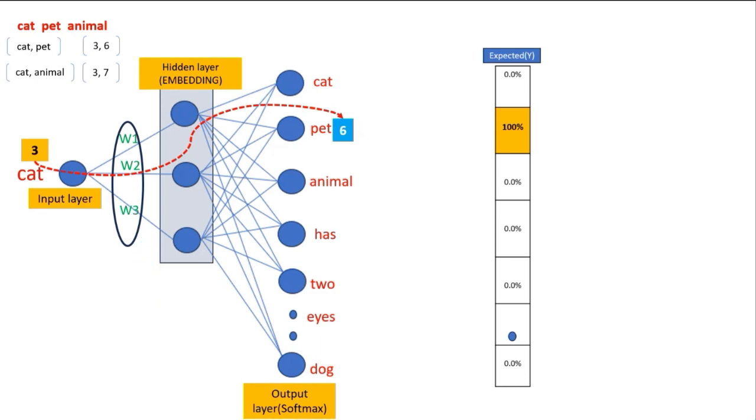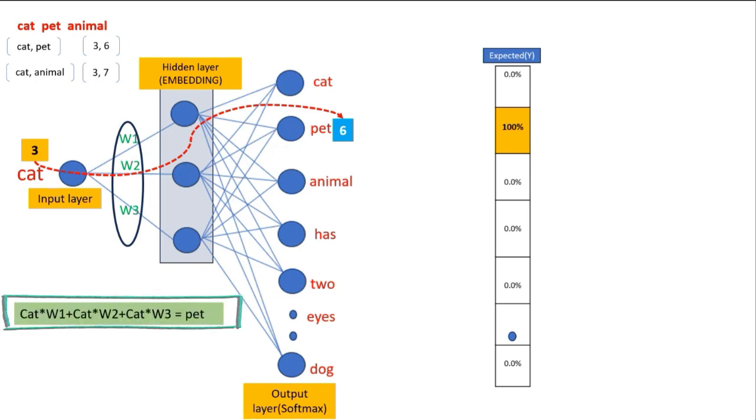Now, using these weights, we can form algebraic equation like this to produce the expected result. This means cat multiplied by weight W1 plus cat multiplied by weight W2 plus cat multiplied by weight W3 produces highest probability for pet.